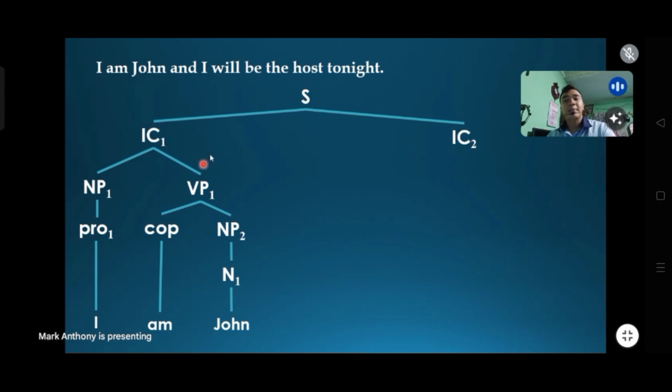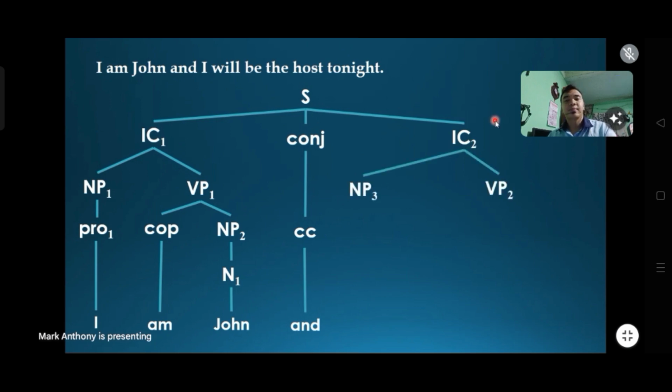Now, since independent clause number 1 is done, let us proceed to the second independent clause. However, it is connected by a conjunction, which is a coordinating conjunction, the word and. So this word connects the first independent clause to our second independent clause. The second independent clause is divided into its subconstituents: the noun phrase and the verb phrase.